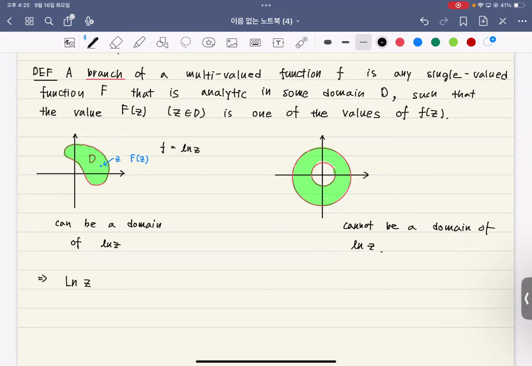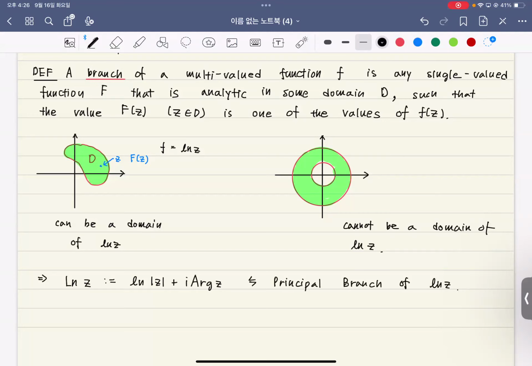So I told you I call this large Ln of z the principal value of the natural log of z. But more precisely, I should be calling this ln of absolute value z plus i times arg of z. From now on, I'm going to call this the principal branch of ln of z.